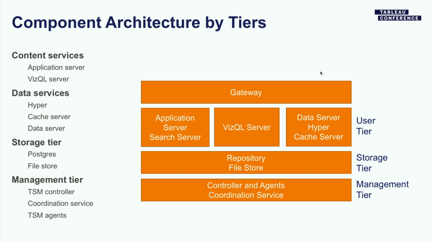Beneath the gateway, there's the content services layer. That's the bread and butter of what Tableau does. We have something called the application server process. That is the process that internally we call Viz Portal. And if you actually look at the processes, you'll see the name Viz Portal associated with the application server. And it's responsible for logging in, for all permissions, for browsing projects, for browsing data sources.